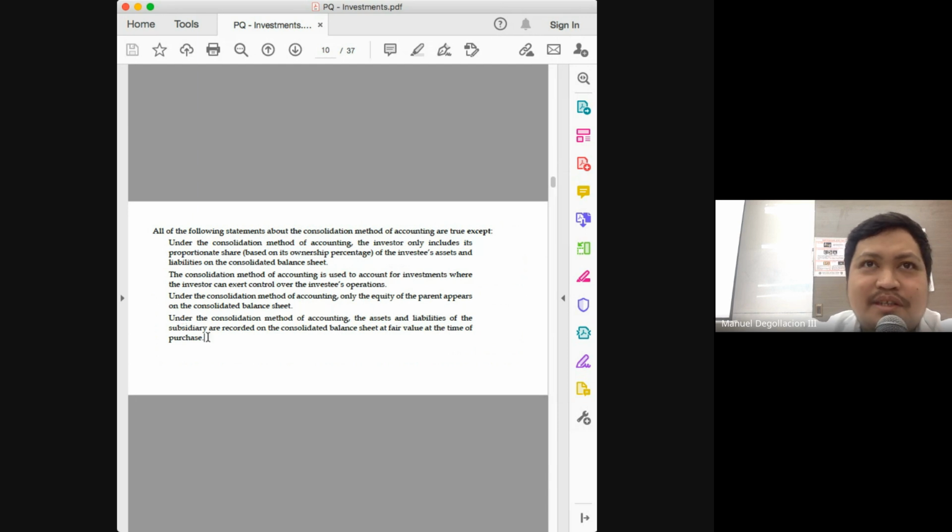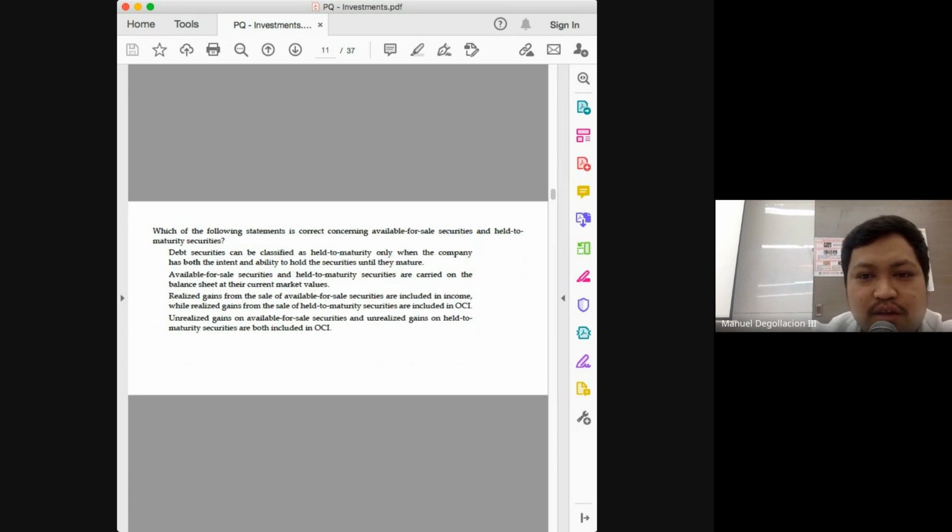But the problems for the exam would not be the same as what you've discussed in business combination class. So, no problem. Under the consolidation method of accounting, the assets and liabilities of the subsidiary are recorded on the consolidated balance sheet at fair value at the time of purchase. This is true, subject to updated depreciated cost.